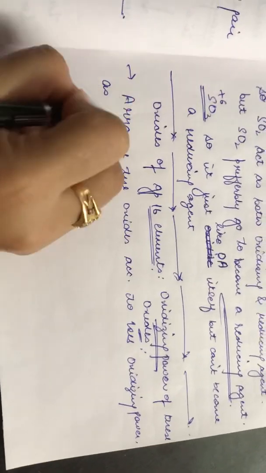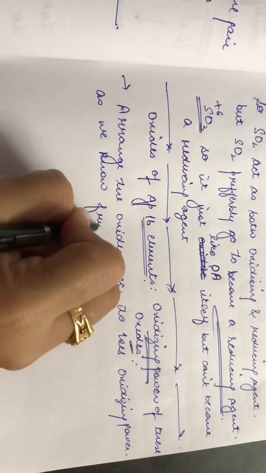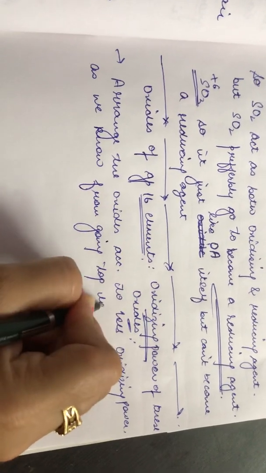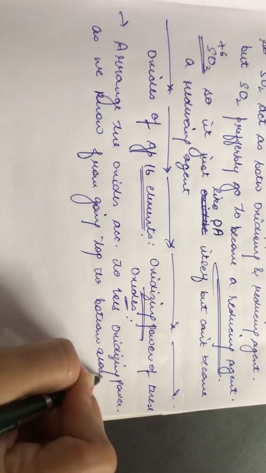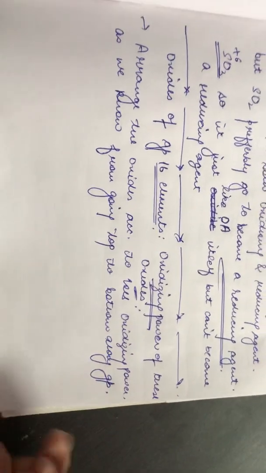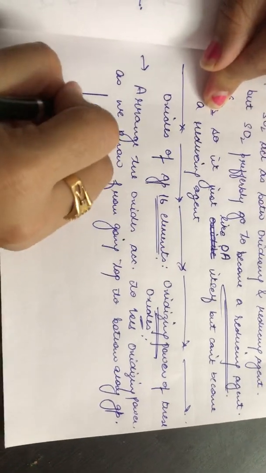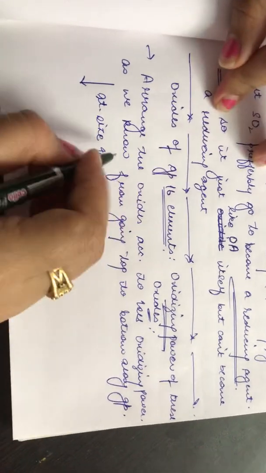As we know, going from top to bottom along the group, what happens? From top to bottom along the group, atomic size increases. Same reason as in the case of the hydrides.